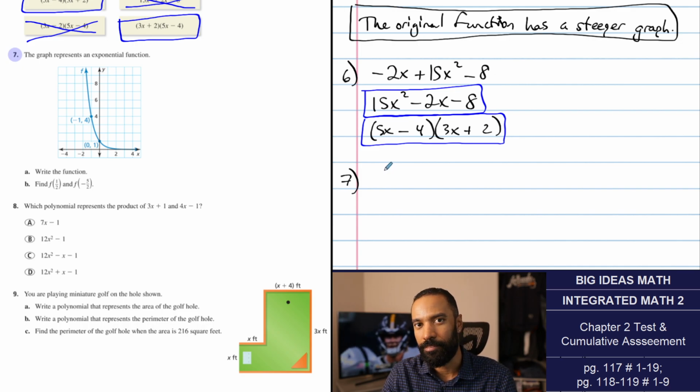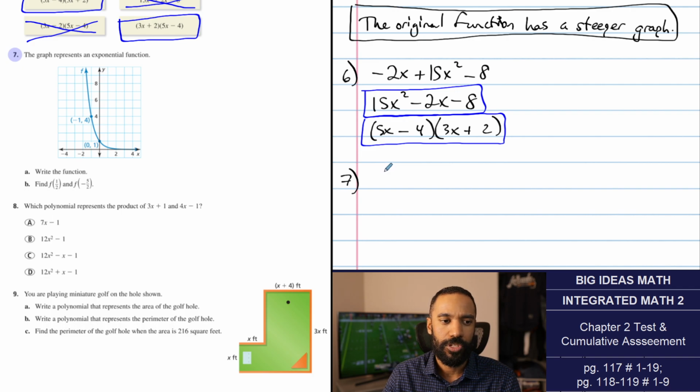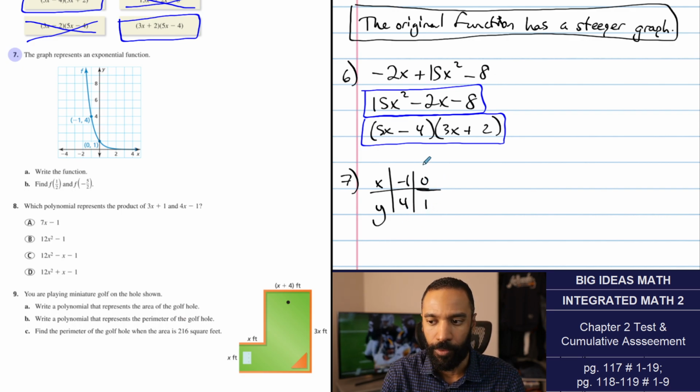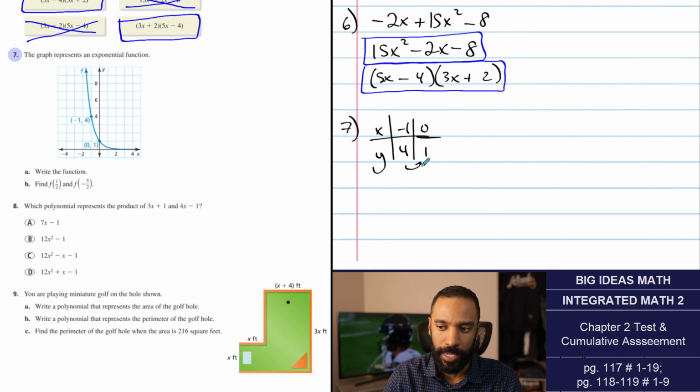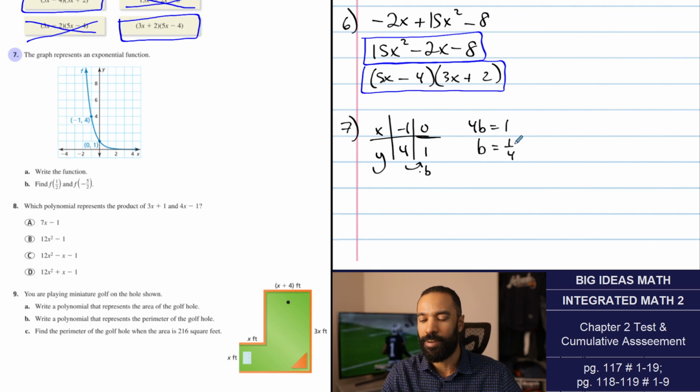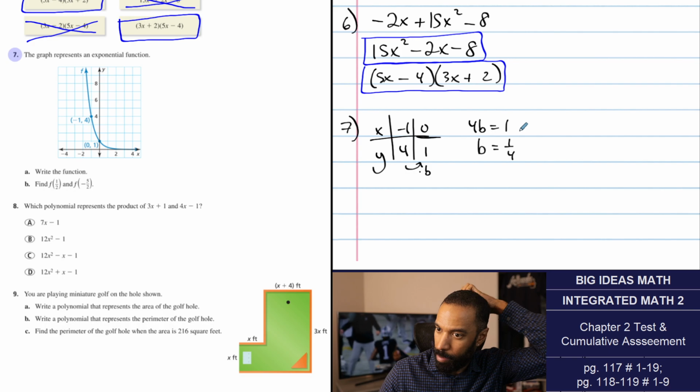What we have to do is find out, from negative 1 to 0 on x, when we go from 4 to 1 on y. Remember, don't say times 4 going this way, and definitely also don't say dividing by 4. You ask what you're multiplying by going here. Times some b. If 4 times some b equals 1, then that b is 1/4. You are dividing by 4, which is multiplying by 1/4.